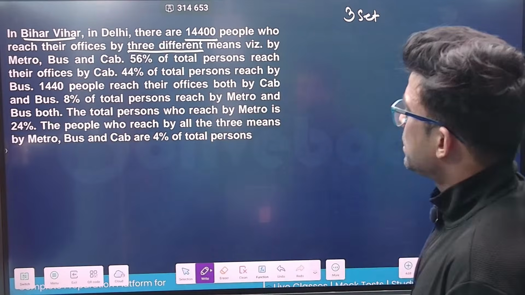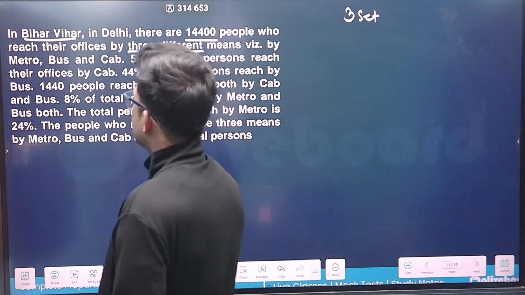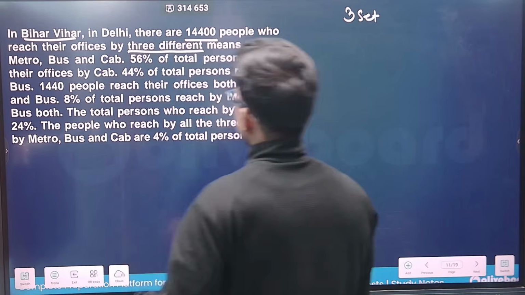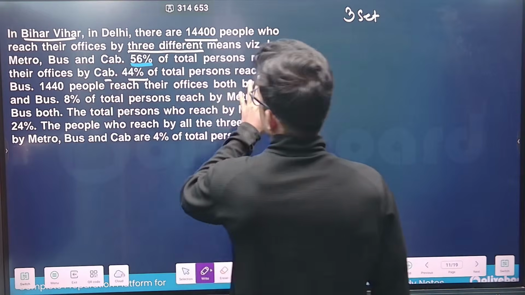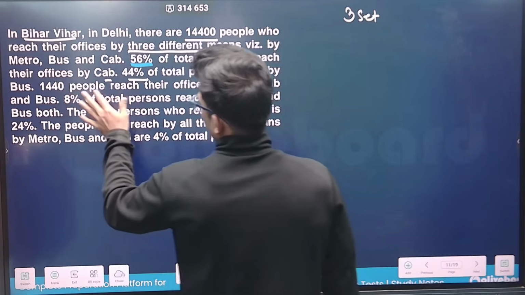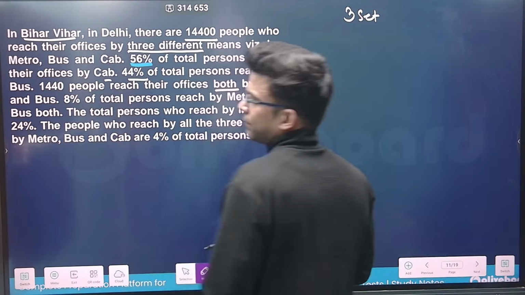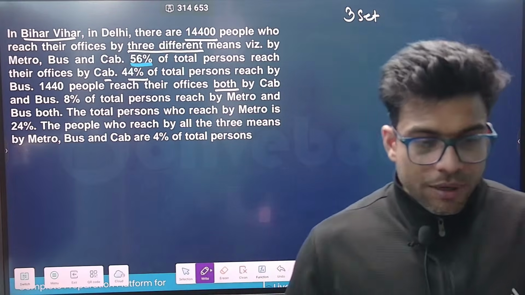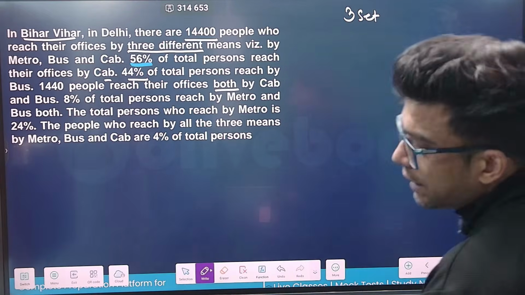By metro, bus and cab, 56% of the total persons reach their office by cab. 44% reach by bus, and 1140 people reach their office by both. Now when you get this "both", you should understand there is a case of overlapping.